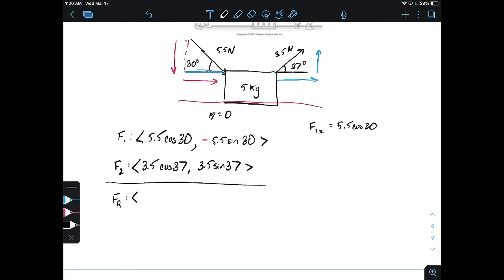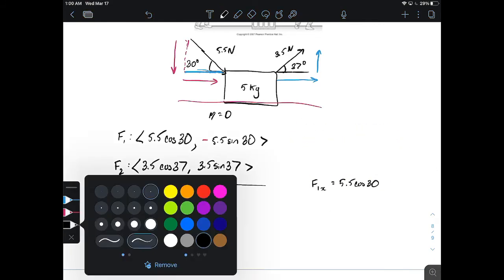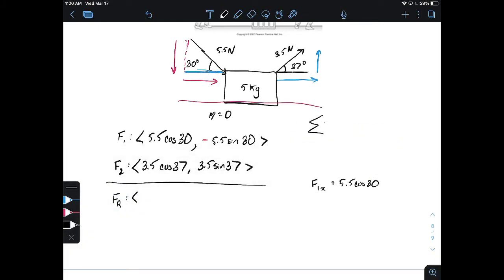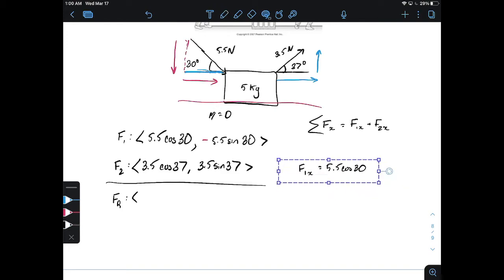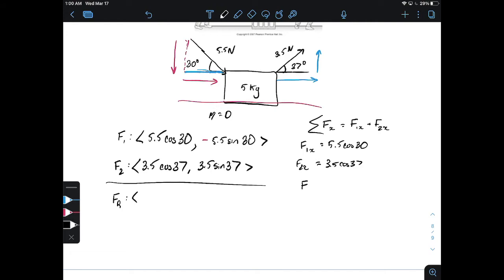So we're going to backtrack a second and say that the summation of the forces on the x is equal to F1x plus F2x. Then F1x is equal to this, F2x is equal to 3.5 cosine 37, and from that we can easily come to the conclusion of F net x, which would be F1x plus F2x.